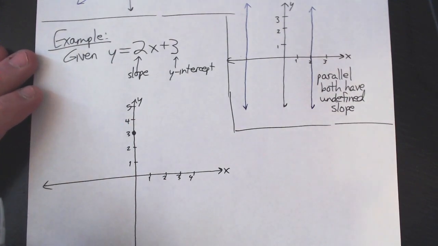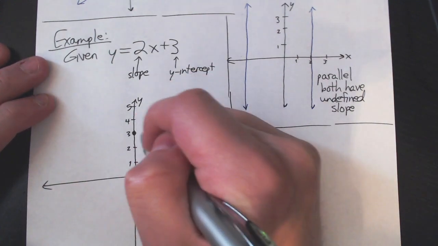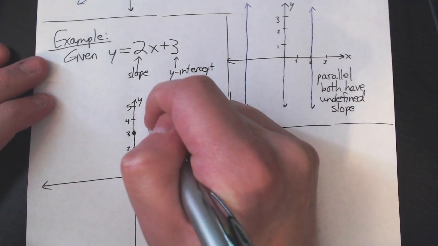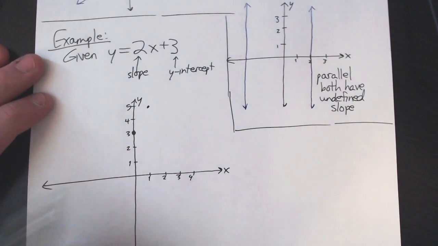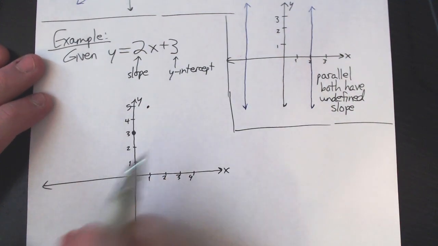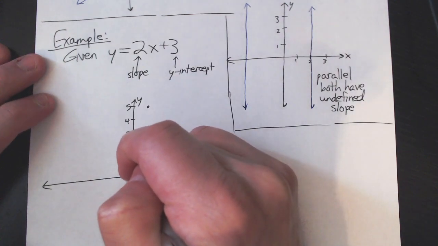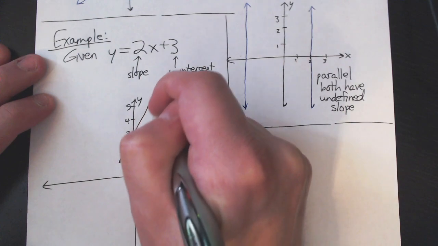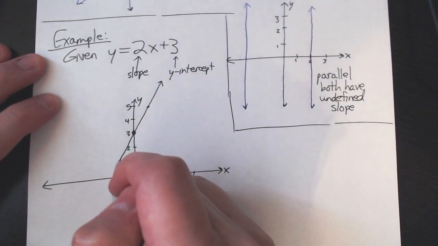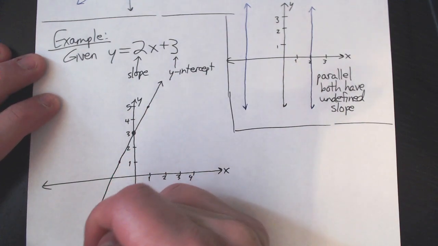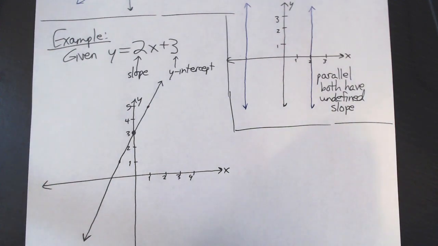And the slope is 2, so for every 1 unit I go to the right, I should go 2 units up. So like the point 1 comma 5 is up there. Also, for every 1 unit I go left, we go 2 units down, right? So you can draw the line like this. This is a good picture of y equals 2x plus 3.